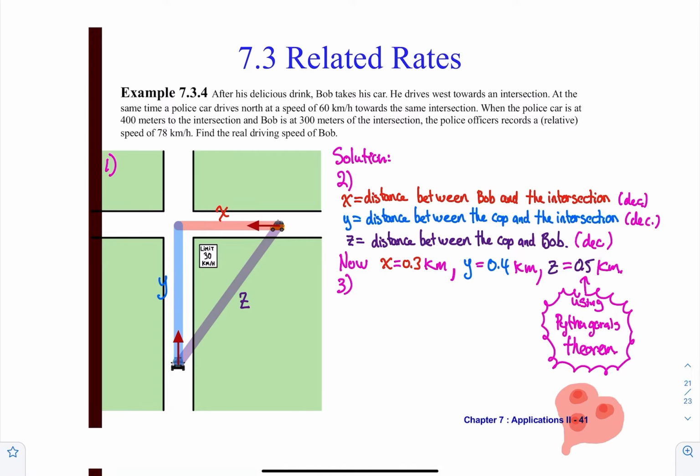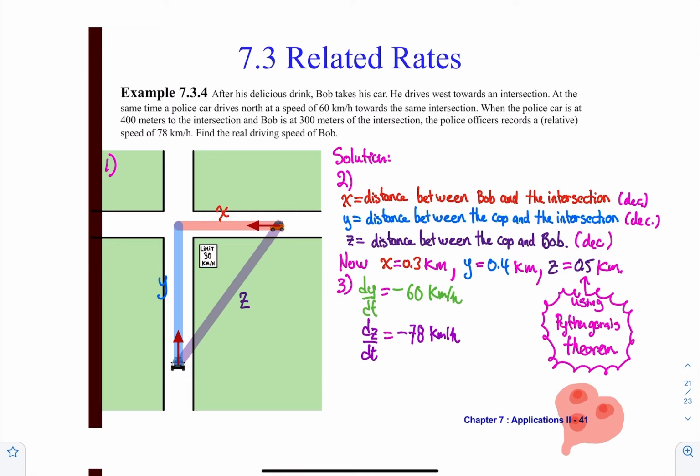So we know that the speed of the cop is 60 kilometers per hour, because this is shrinking that y value, this is going to mean that dy/dt is minus 60 kilometers per hour. And then the speed gun recording the speed between me and the cop, because it's 78 and because it's decreasing, mathematically we have to say that dz/dt is minus 78 kilometers per hour.